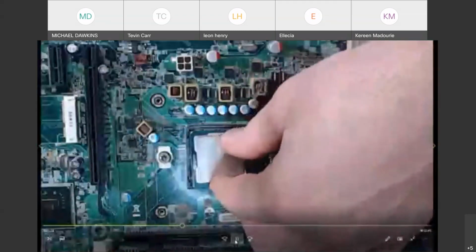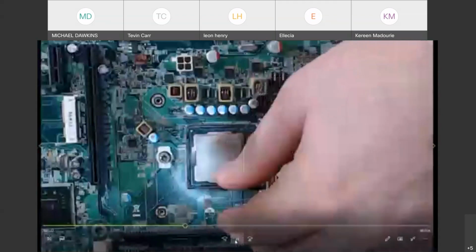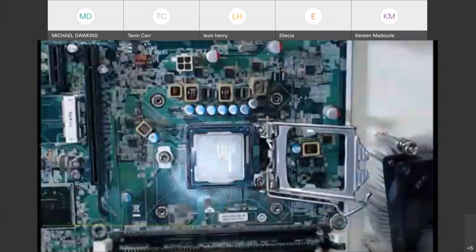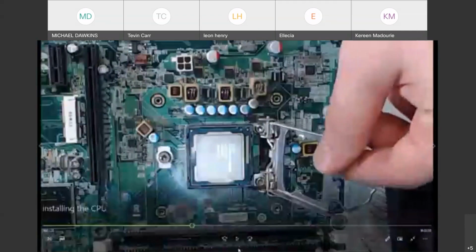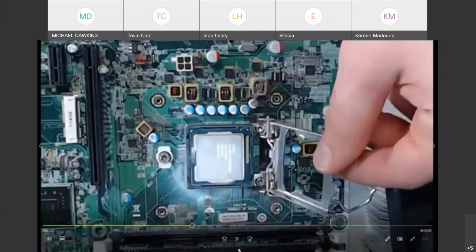That's a land grid array CPU. Yes, it is. For step 3, we can lower the CPU. I was about to ask the question, what type of CPU is that? Would it be PGA or LGA? But yes, it is LGA, land grid array.